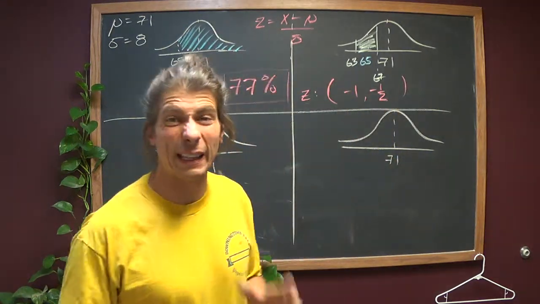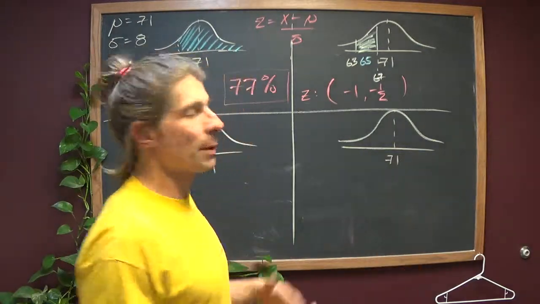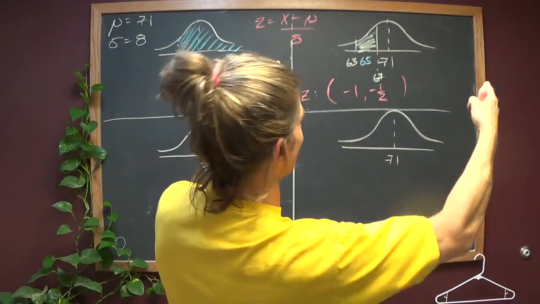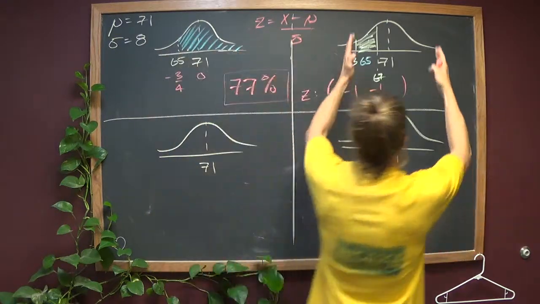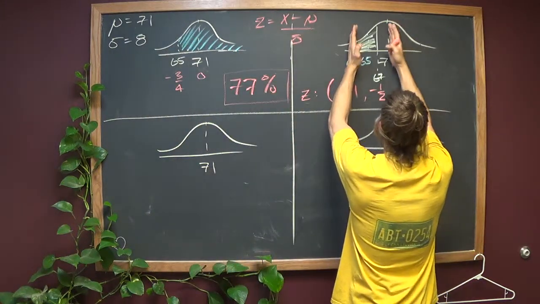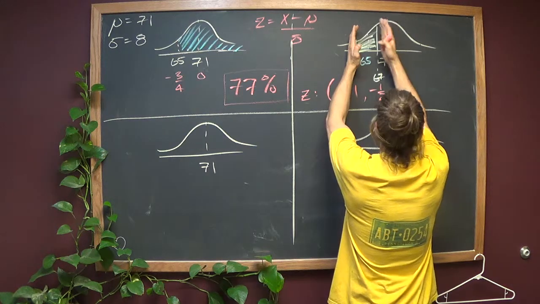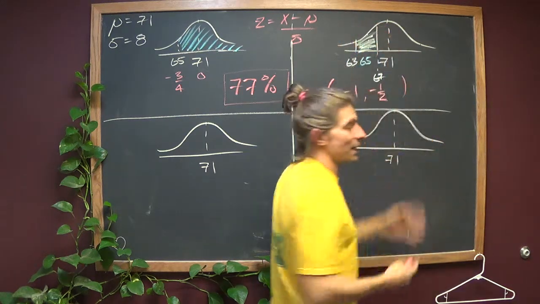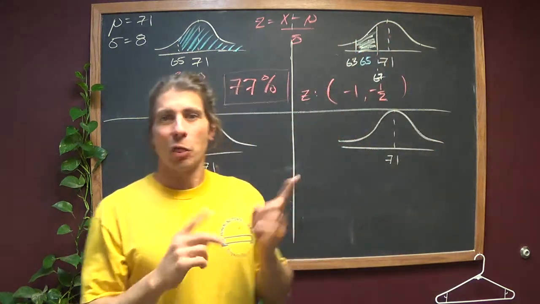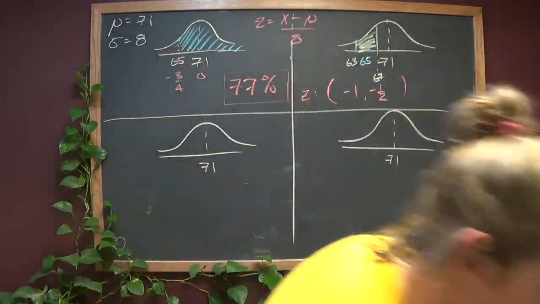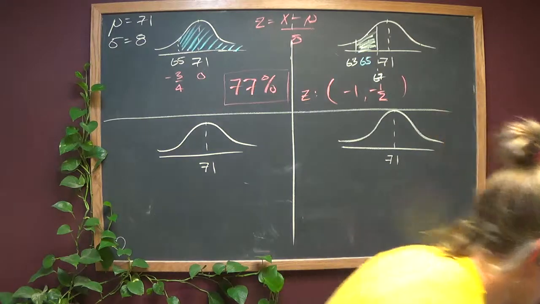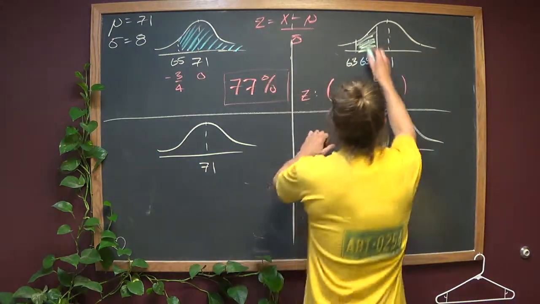So these are your 2 z-scores, -1 and -1/2, and you want to figure out what area is between them. You might remember from 243 that -1 to +1 is 68%. It might be tempting to say there's 68%, so this is 34%, and this has to be half of that at 17%, but it doesn't work that way because the 2 areas aren't equal when you split the z-scores in half. This area comes out to be 20%.